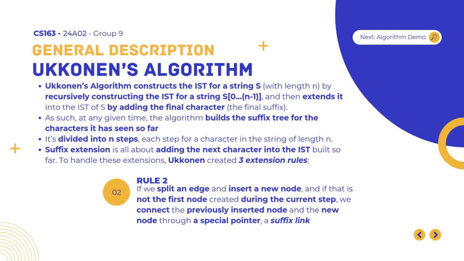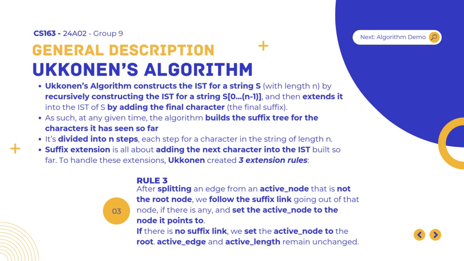A suffix link is a link between the first internal node and the second internal node. This is also the link between the second and the third internal node created during the same step. You will understand why we need this later.